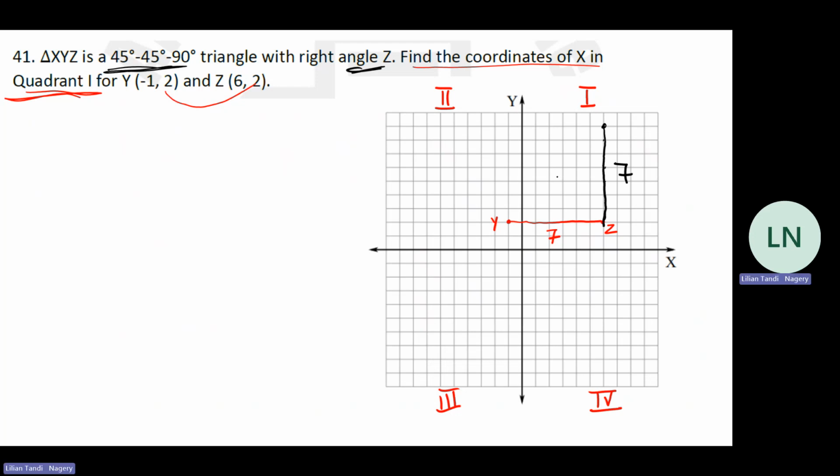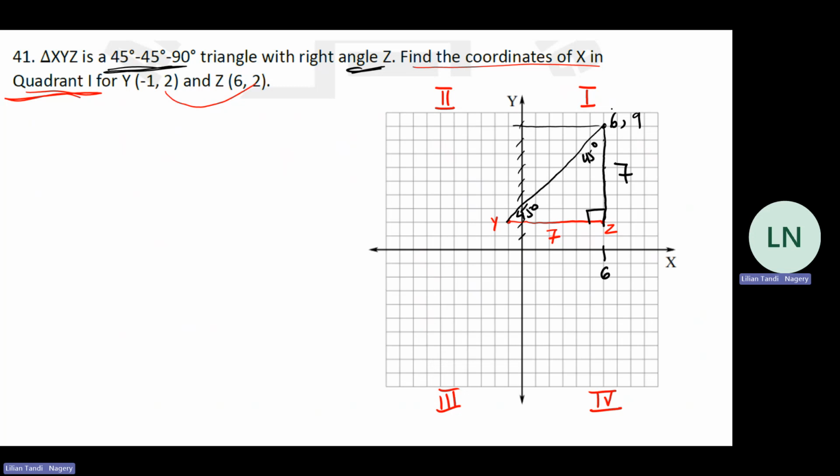Okay? Now I draw my triangle and I label 45, 90, 45 degrees. So, what number is this? The number here is 6, so this will be 6. And then what number is this here? Let's count. 1, 2, 3, 4, 5, 6, 7, 8, 9.